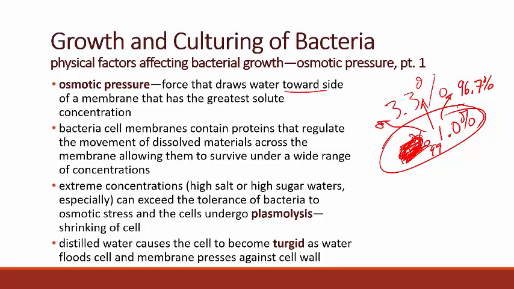But extremely high concentrations, like high salt or high sugar waters especially, can exceed the tolerance for the bacteria to withstand that osmotic stress. And so what happens is, here's a cell, and here's the bacterial cell wall outside. So this is before we subject it to a really salty environment or to a really sugar-rich environment.